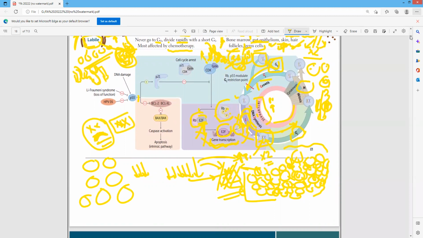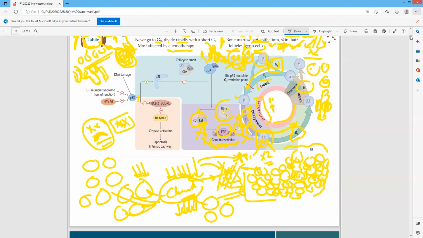Labile cells divide rapidly, so when you give chemotherapy, you are decreasing the cell division rate. So you will affect these labile cells, besides affecting the tumor cells.